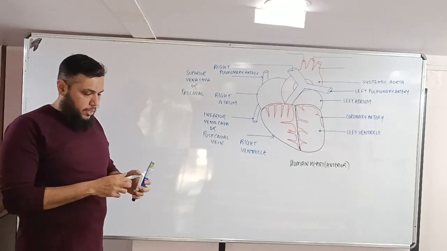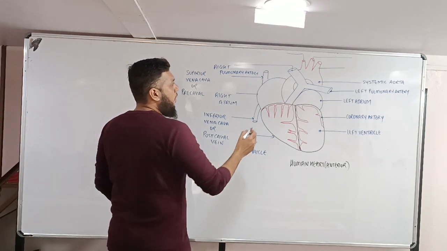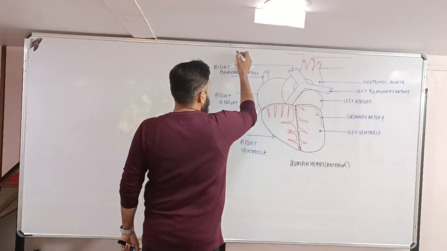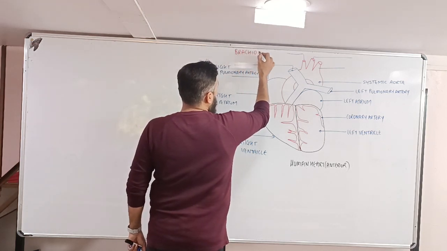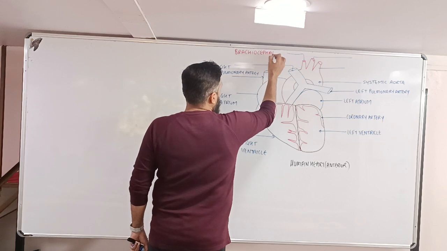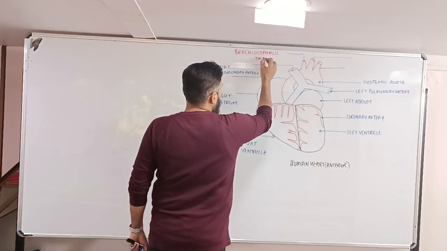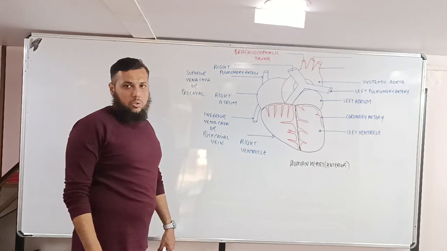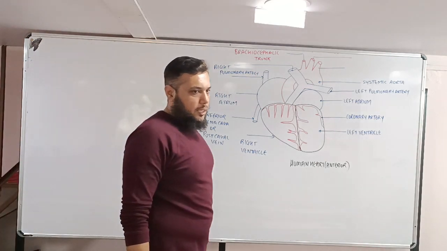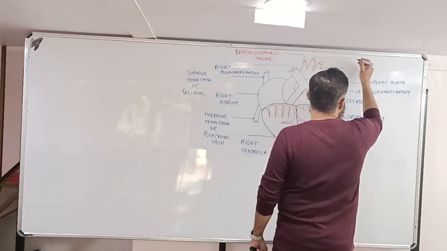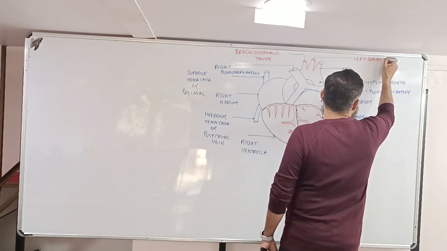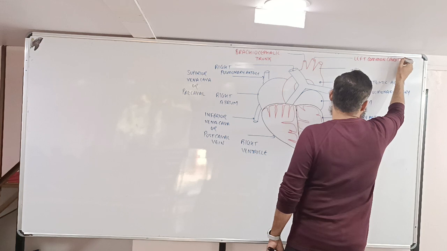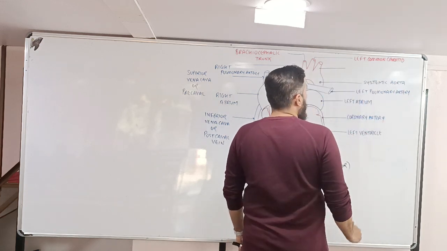Okay, so here everybody, you're busy drawing the first blood vessel. New word, say brachiocephalic trunk. Brachiocephalic trunk. Then left common carotid.